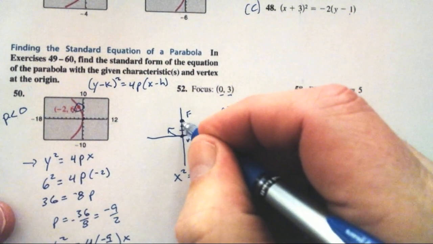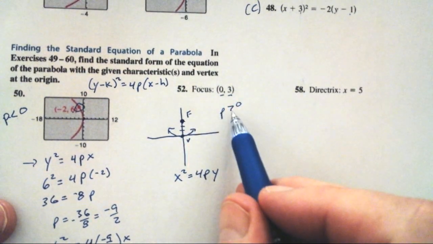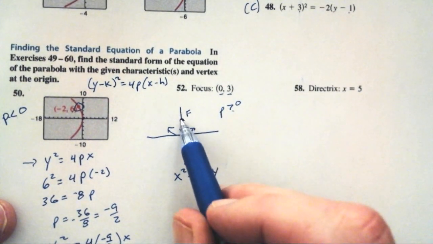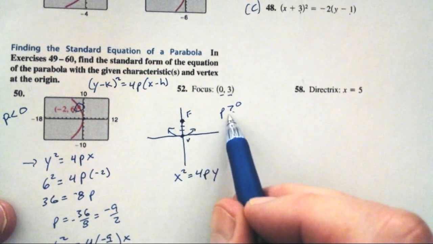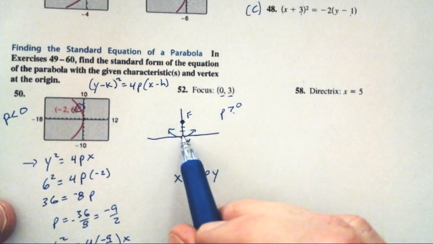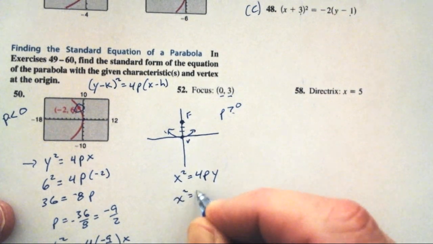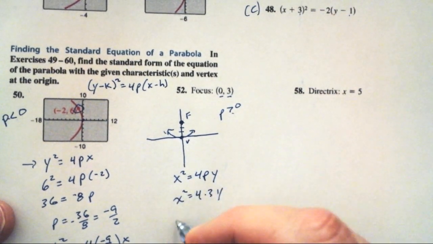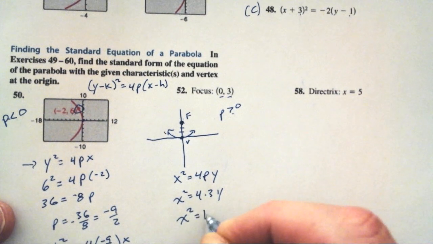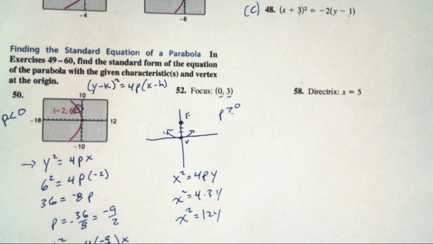And we've got the vertex to the focus is 3. Just got to make sure we use the length of p is 3. In this case, the value of p is also 3 because it's a positive parabola. So I just get x squared equals 4 times 3 times y, or of course x squared equals 12y.